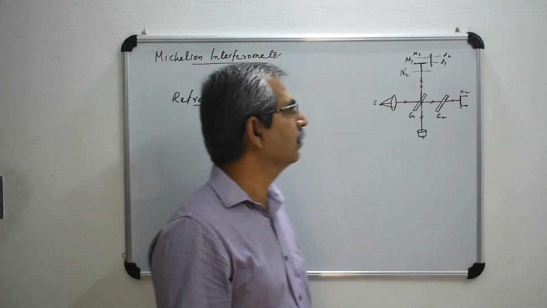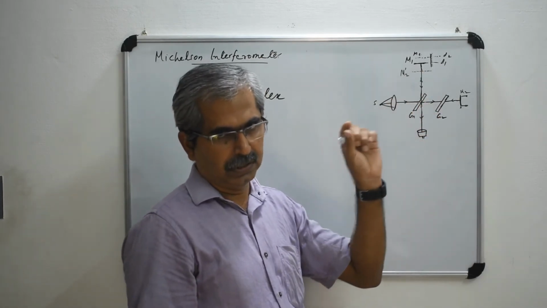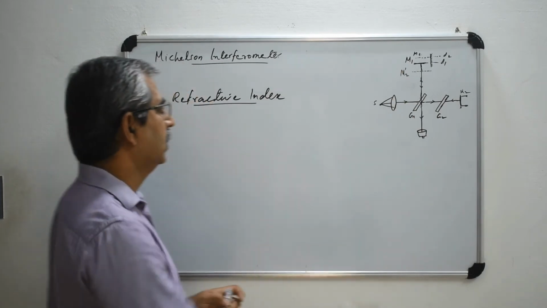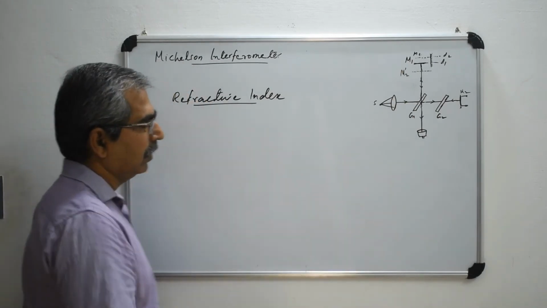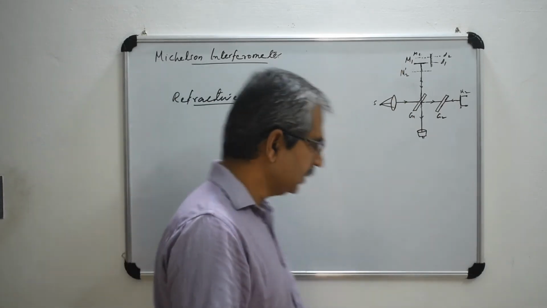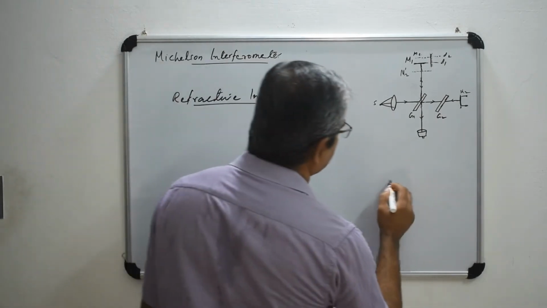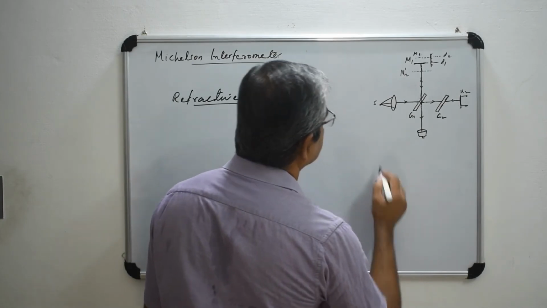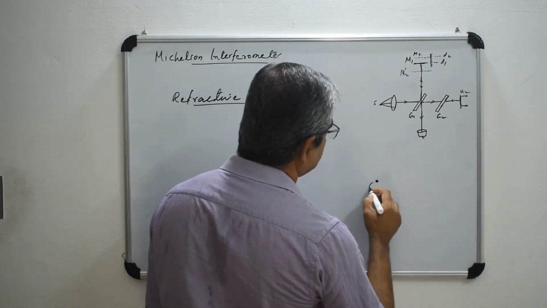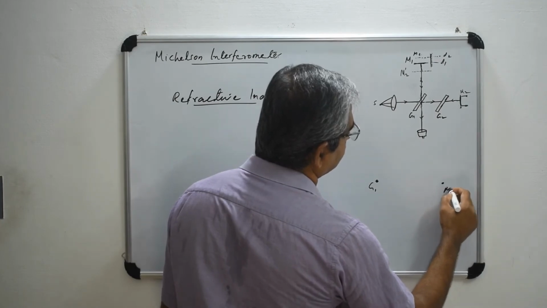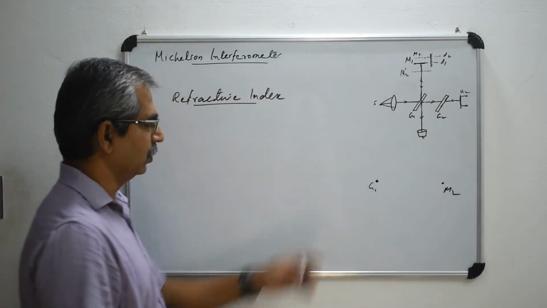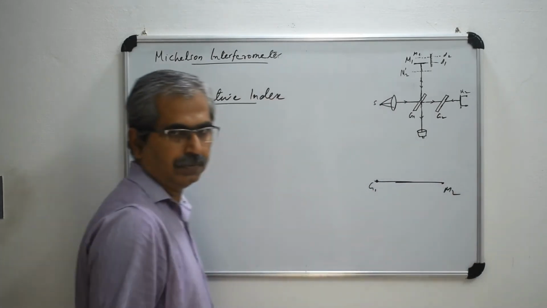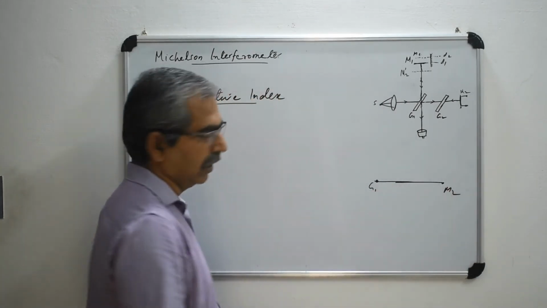So what will happen? That film is a denser medium. That means the path difference will change, isn't it? We have already calculated in our previous classes the path difference introduced because of the transparent sheet. You can write it like this. Suppose this is the first one, say G1, and this is say M2. You can have any two points. Now this is the path between the two, that is G1 M2.